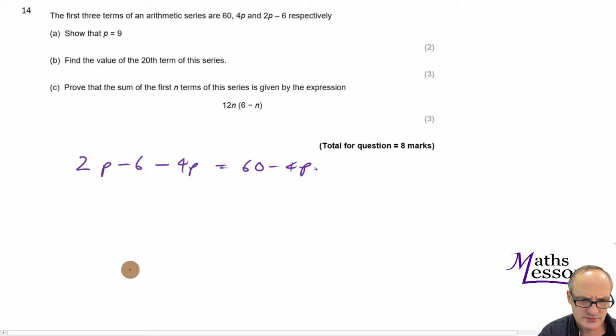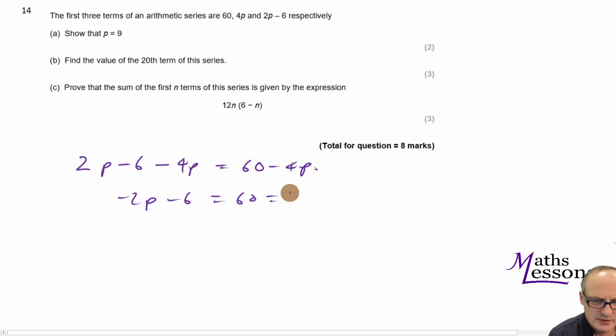And just checking that. Okay, I'm sorry, I'm a bit confused because I seem to have made a mistake but got the right answer. So let's see how I went on earlier. So let's do this. We get minus 2p minus 6. I can see why I made a mistake earlier.